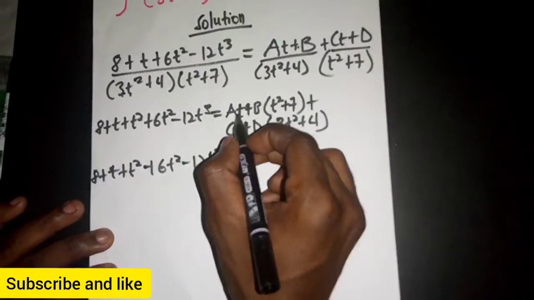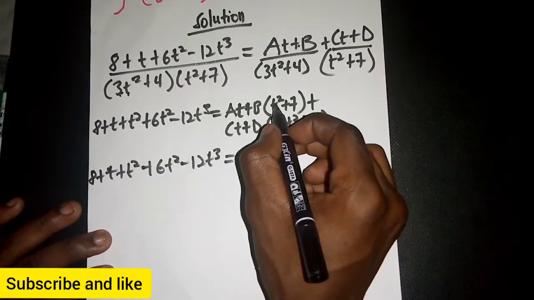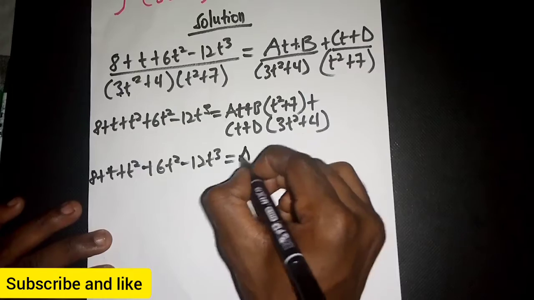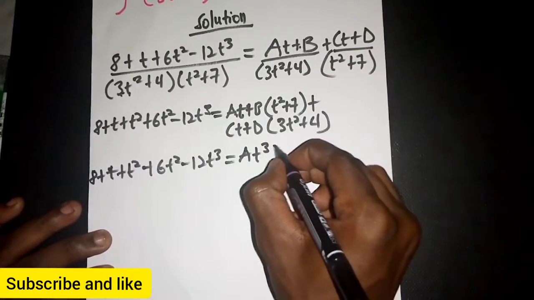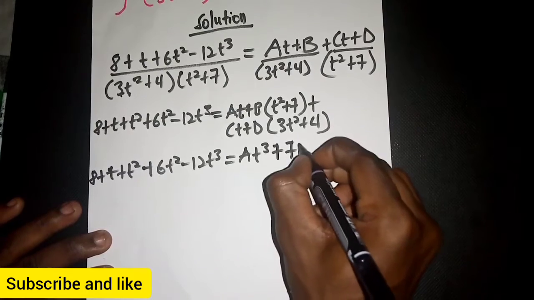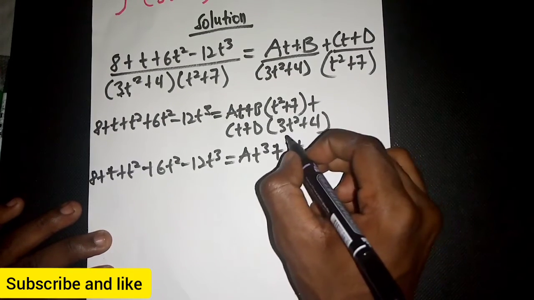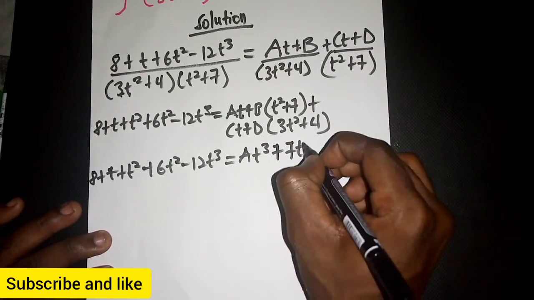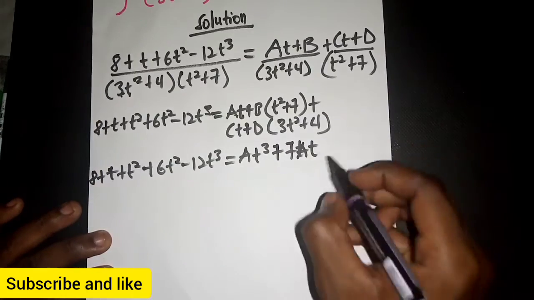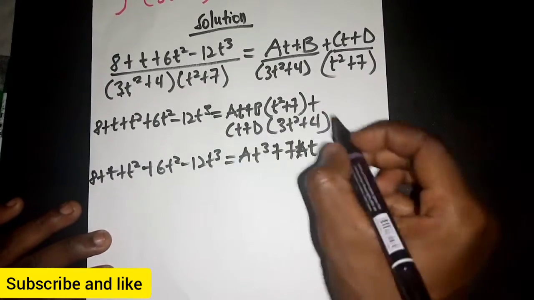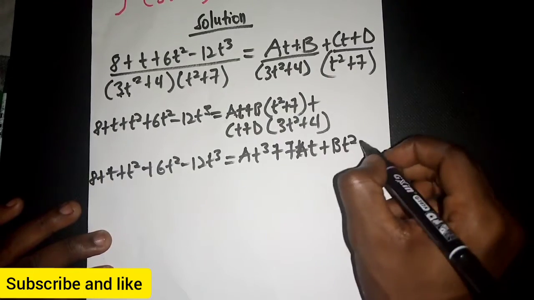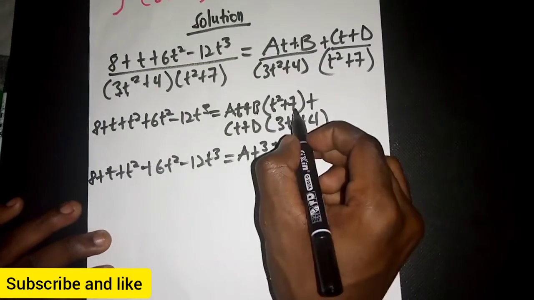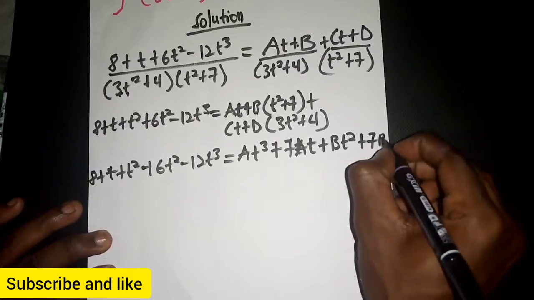So now let's expand. 8t multiplies t squared, we have 8t cubed, then 8t multiplies 7, then we have plus 7t. So we have 7 a t, then also b multiplies that, then we have bt squared, then also b multiplies 7, then we have 7b.